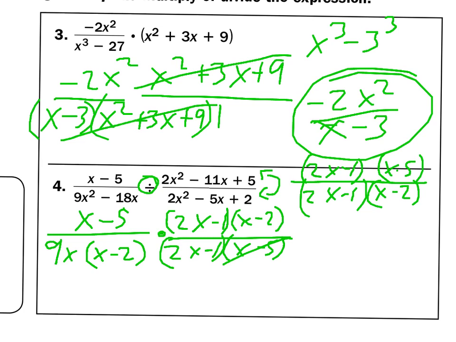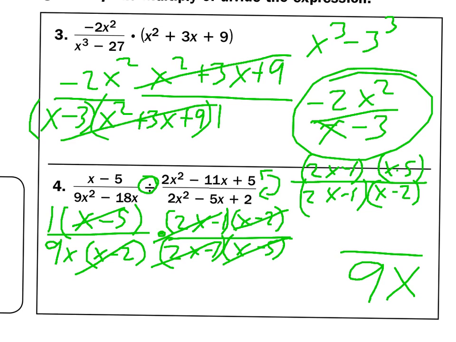So x minus 5's went away, 2x minus 1's went away, x minus 2's went away, and I ended up with a 9x. Now, one of the biggest mistakes I see people do is they write 9x. Well, 9x is not on the top. 9x is on the bottom. So we have to make sure that we still leave that 1. See, there's always a 1 present on the top. So 1 over 9x. Just like there's a 1 on the bottom, but we generally don't write it.